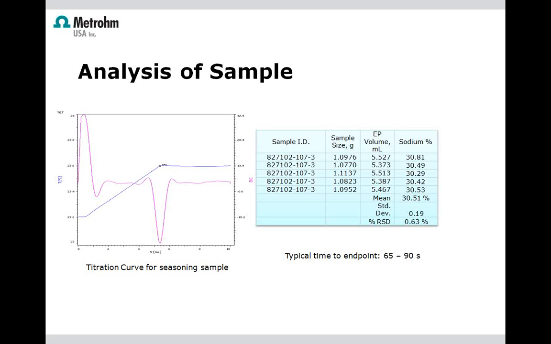And so we also used the conventional method, which is the potentiometric determination of chloride, to express the sodium content also. Our value found here, which is 30.51%, coincided very well with the potentiometric indirect determination of sodium.